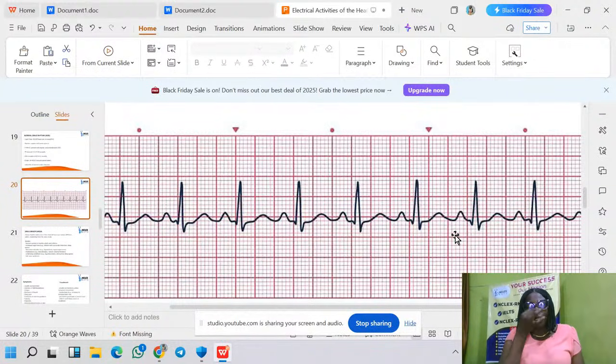So when you see an ECG strip and you see normal sinus rhythm, consider these 5 things I tell you: the P wave, the PR, the QRS, the regularity, and the pulse. Those 5 parameters are what you should consider for every ECG. Any strip that does not meet the standard is definitely not a normal sinus rhythm.